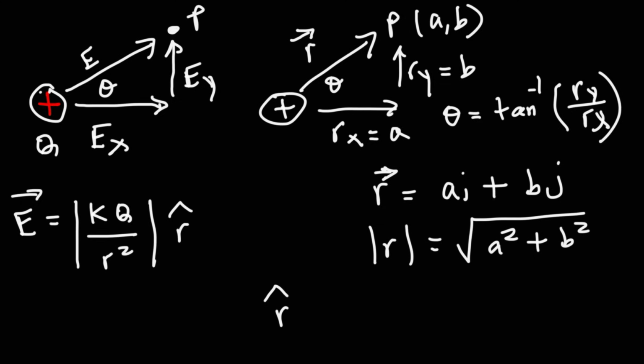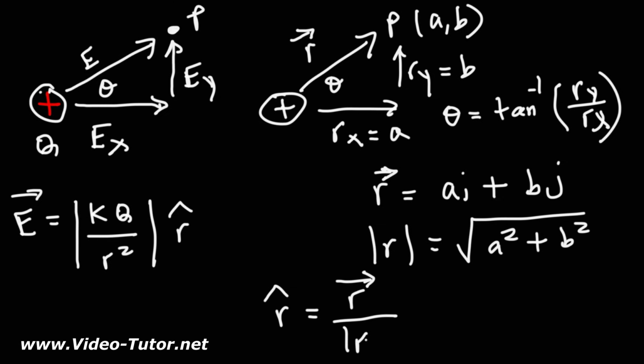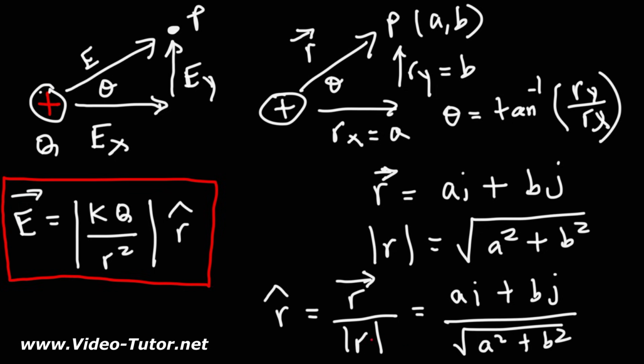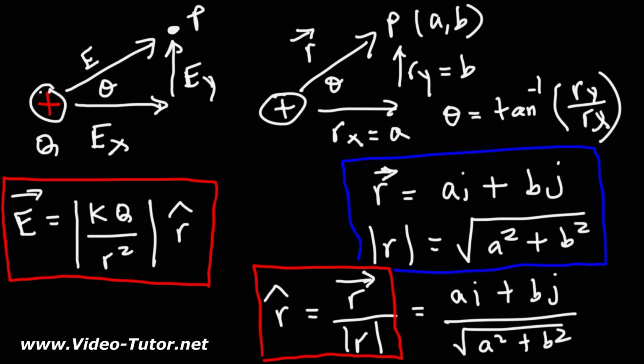And r hat, the unit vector, is going to be the position vector divided by the magnitude of that position vector. So it's ai plus bj divided by the square root of a squared plus b squared. So that's how you can use this formula to calculate the electric field vector. Those are all the equations that you need to know.